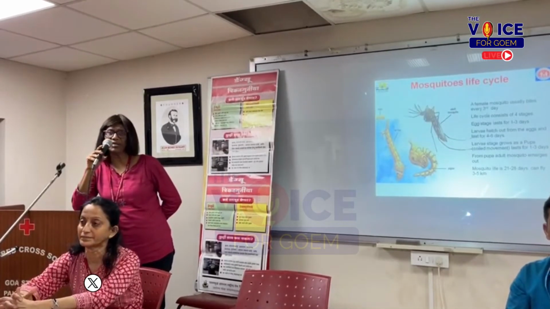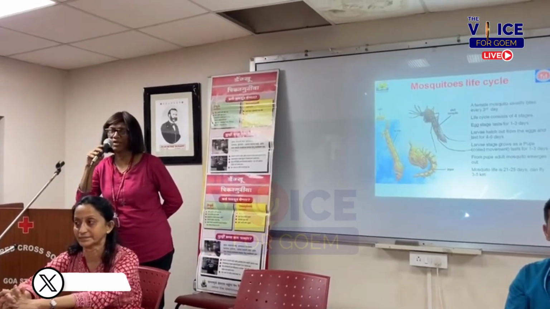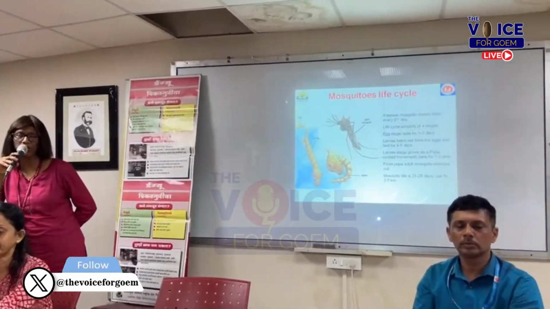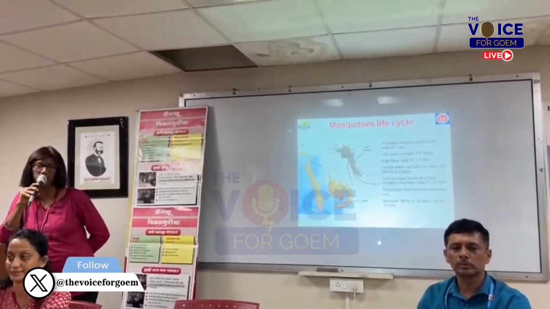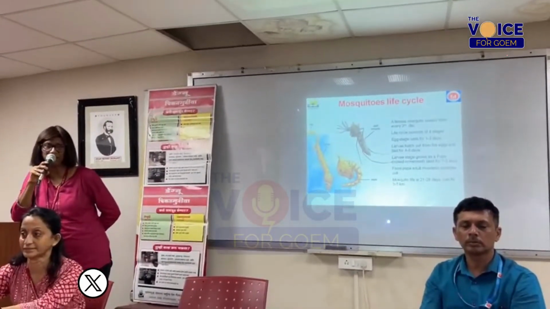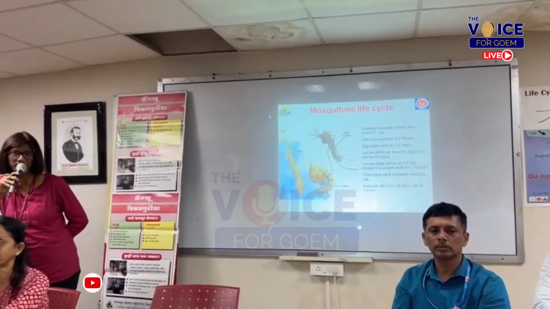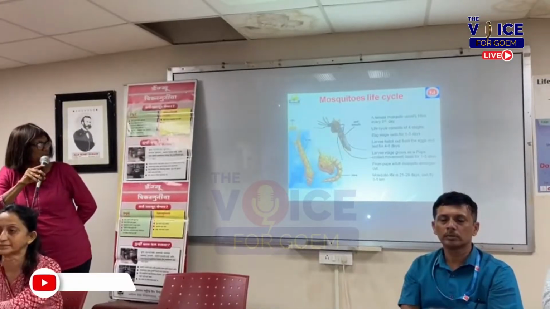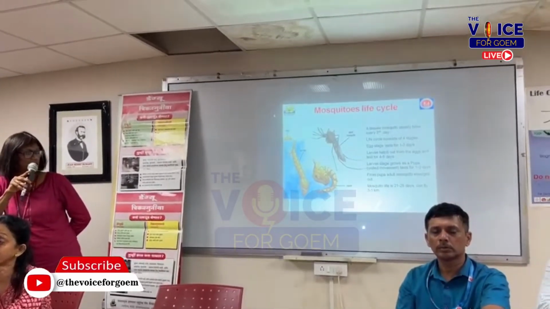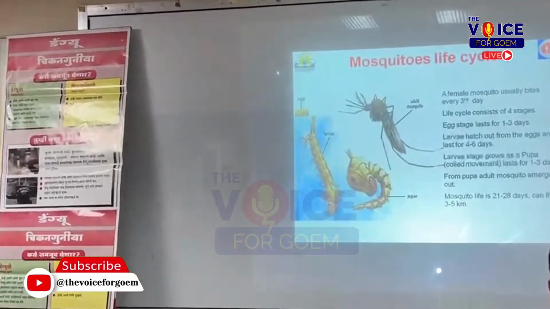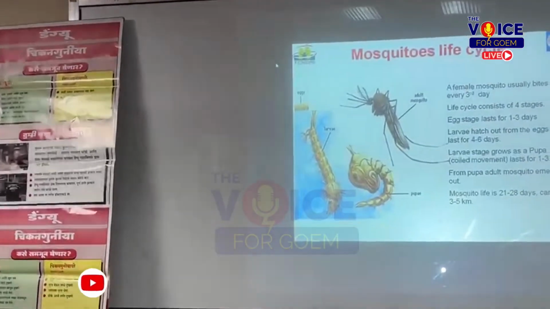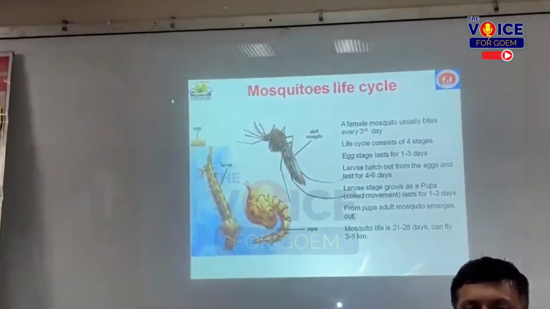So this is in brief about the cycle. A lot of times, when we look at water, if it has been stored for more than 7 days, then we can suspect that mosquitoes have laid eggs there. After 1 to 3 days, the eggs will hatch and you get what is known as larva. You might have studied about this in school.